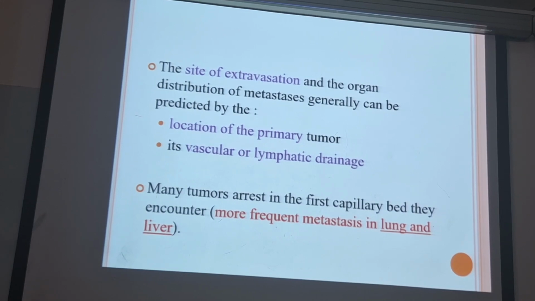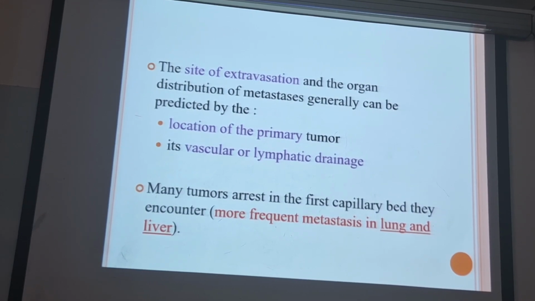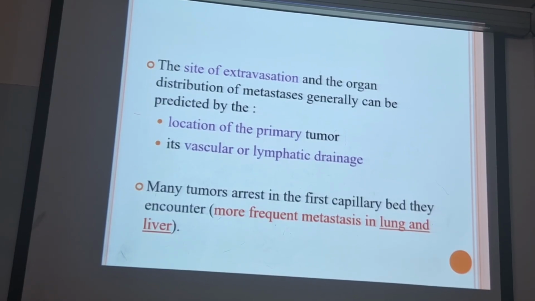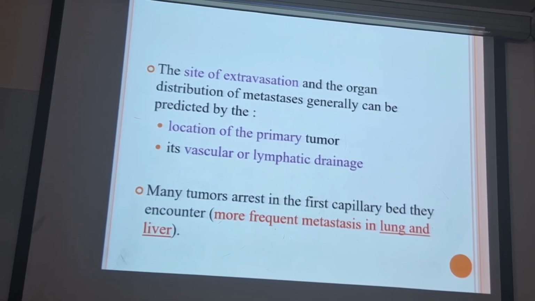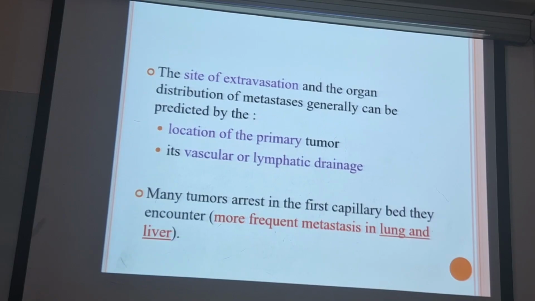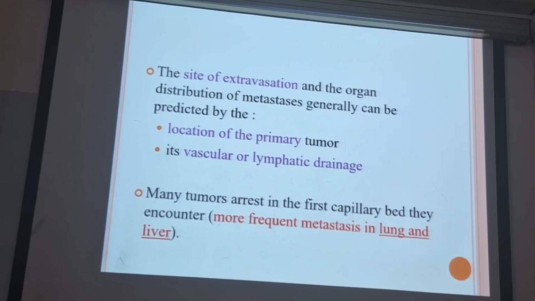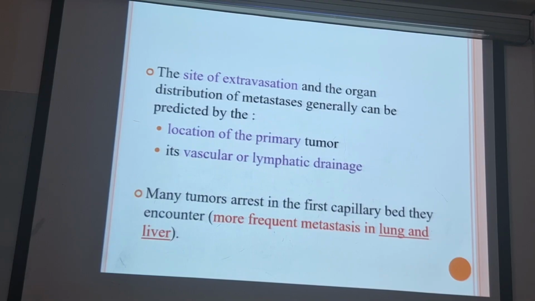We should know about the lymphatic drainage and the blood vessels of tumor, and by that we can find the first area of metastasis and the first lymph node which is involved by tumor. The first lymph node which is involved by tumor, we call the sentinel lymph node.